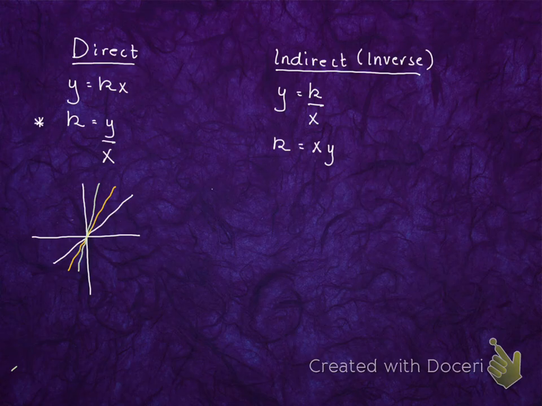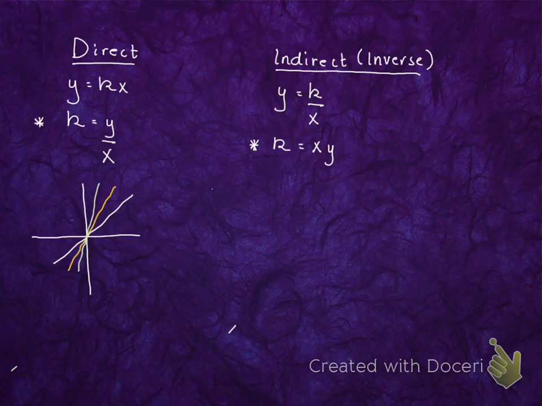Okay, now an indirect variation or an inverse, terminology doesn't matter, they're both the same thing, gives us y equals k divided by x. And when we solve for k, the constant of variation, we simply multiply x times y.